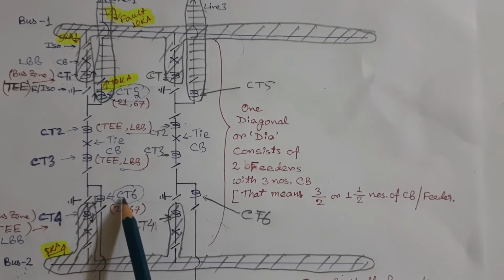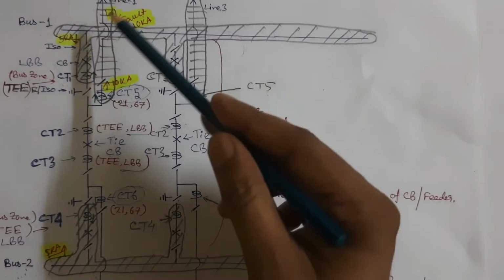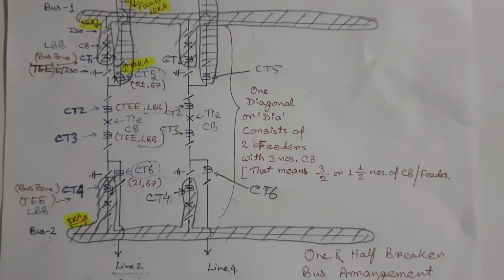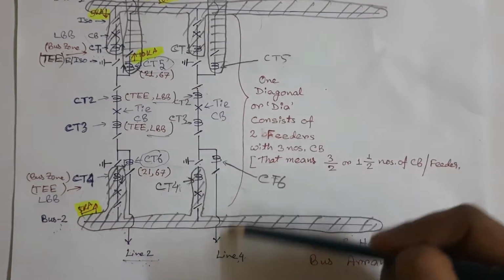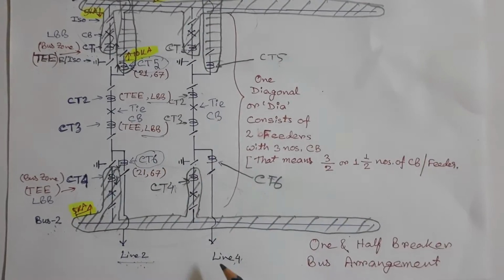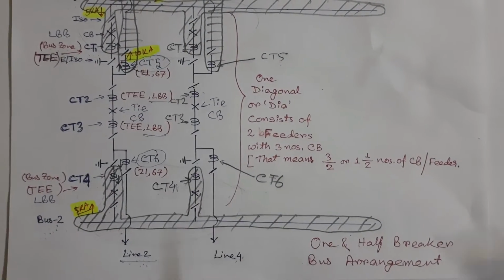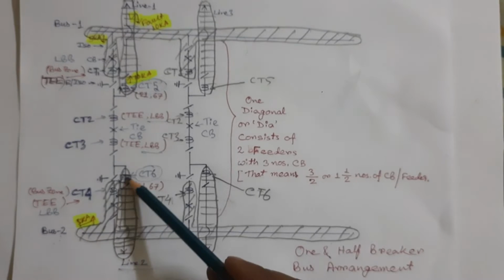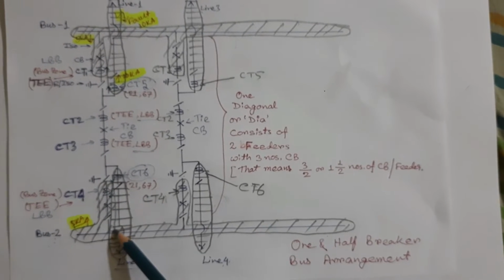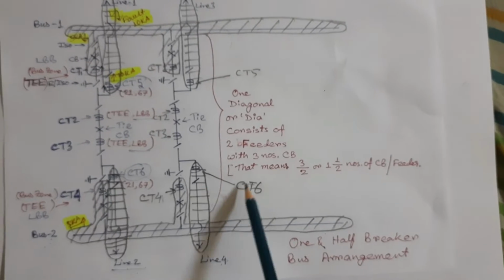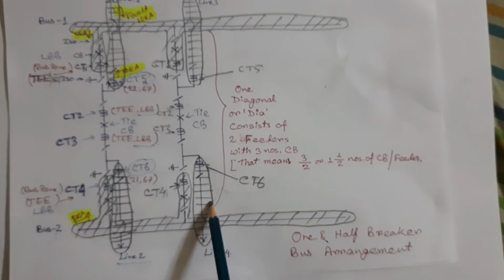Similarly, CT6 of this diagonal is responsible for protection of line 2, whereas CT6 of this diagonal is responsible for protection of line 4. So, these two portions of the power system are protected by CT6 of these two diagonals.